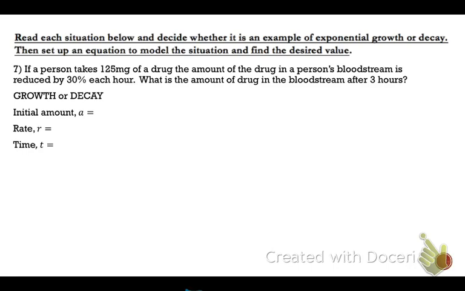There it is, it's reduced. So this is a situation where we are decreasing. The initial amount is 125 milligrams. Each hour, it's going to be 30% less. So 2 decimal places, 1, 2, so that'll be 0.3 or 0.30. And then after 3 hours.